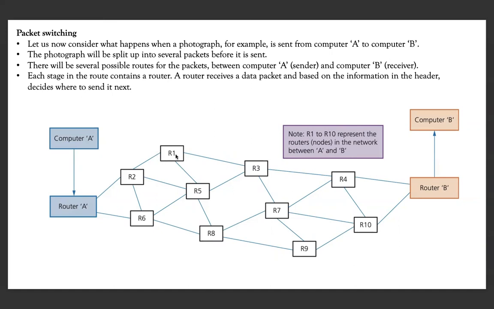For example, it sees that router 1, 5, and 6 are all three available. I can forward this packet to any one of these routers. But it seems that router 5 is the least busy. Routers 1 and 6 are very busy.